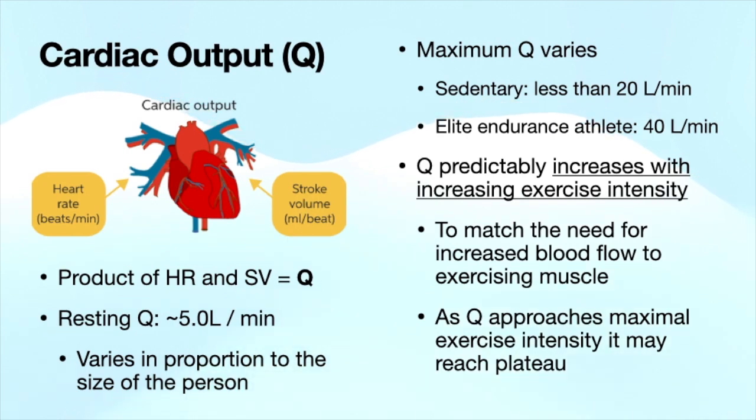So VO2 max is ultimately limited by the inability of cardiac output to increase any further. That is what limits our utilization of oxygen.